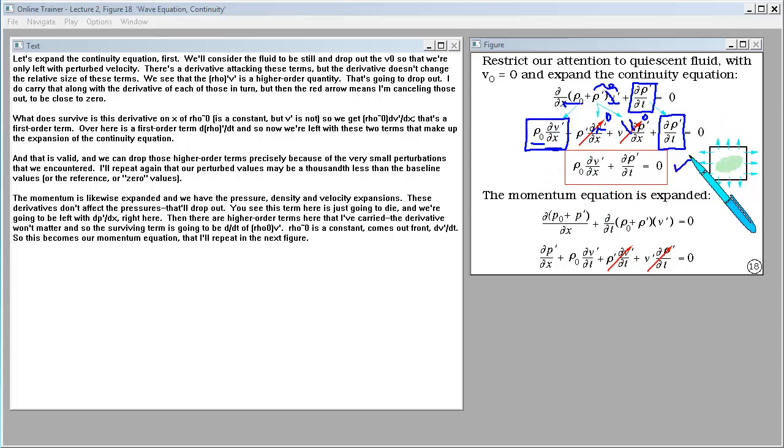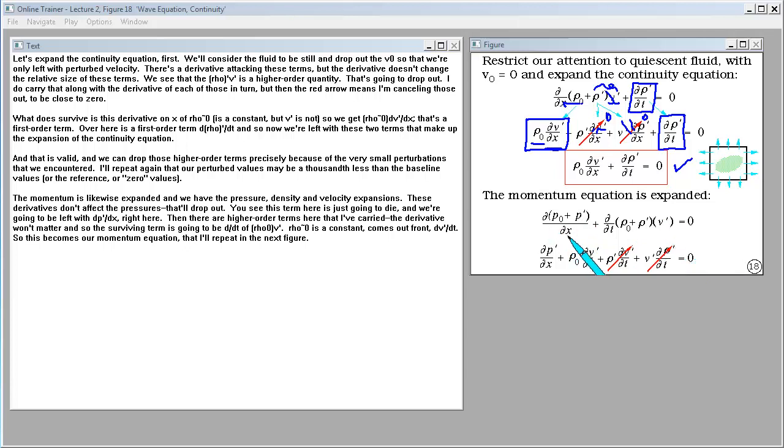And that is valid, and we can drop those higher order terms precisely because of the very small perturbations that we encounter. I'll repeat again that our perturbed values may be 1,000th less than the baseline values or the reference 0 values. The momentum equation is likewise expanded, and we have the pressure, density, and velocity expansions.